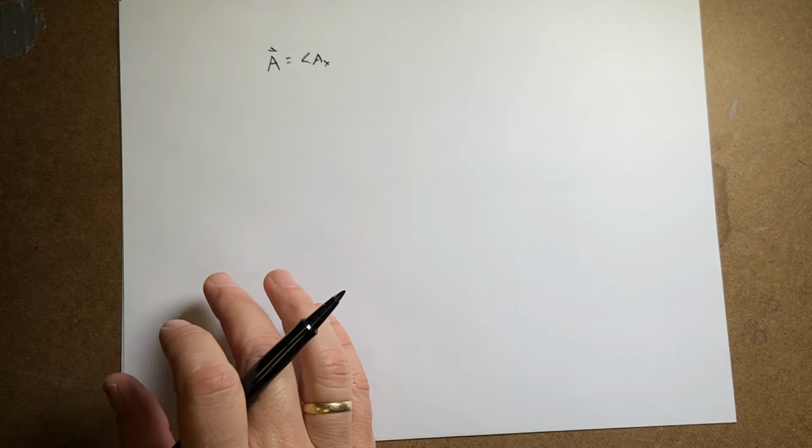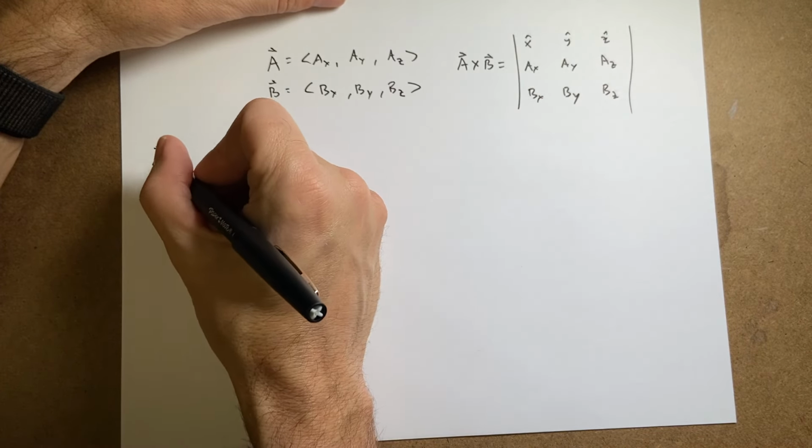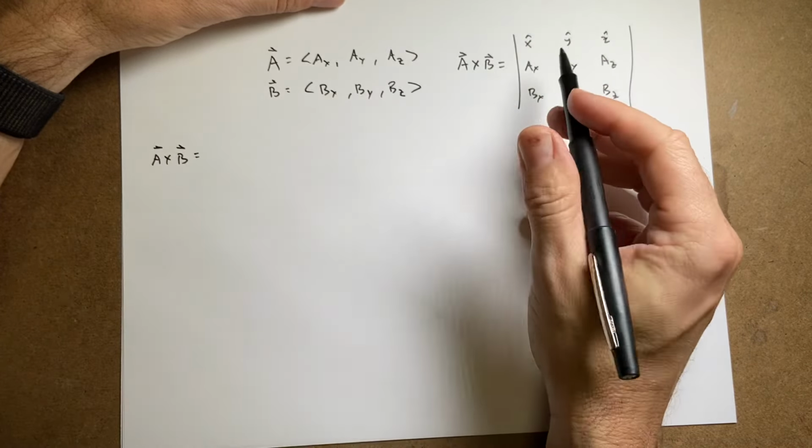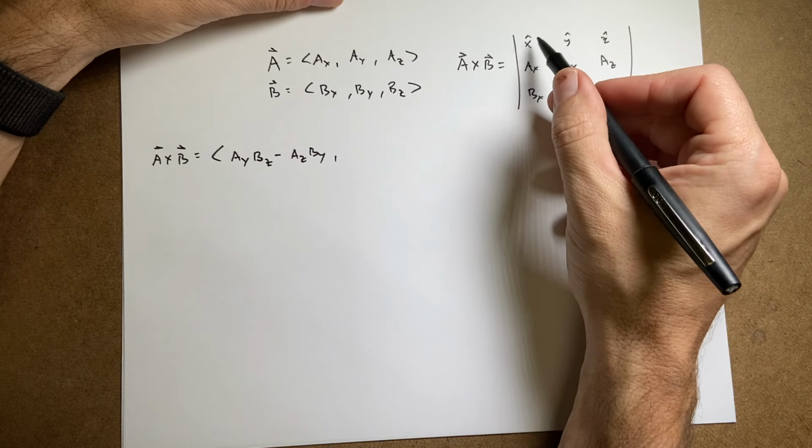So if I do that, I expand about this row, and I get AY BZ minus AZ BY as my X component.